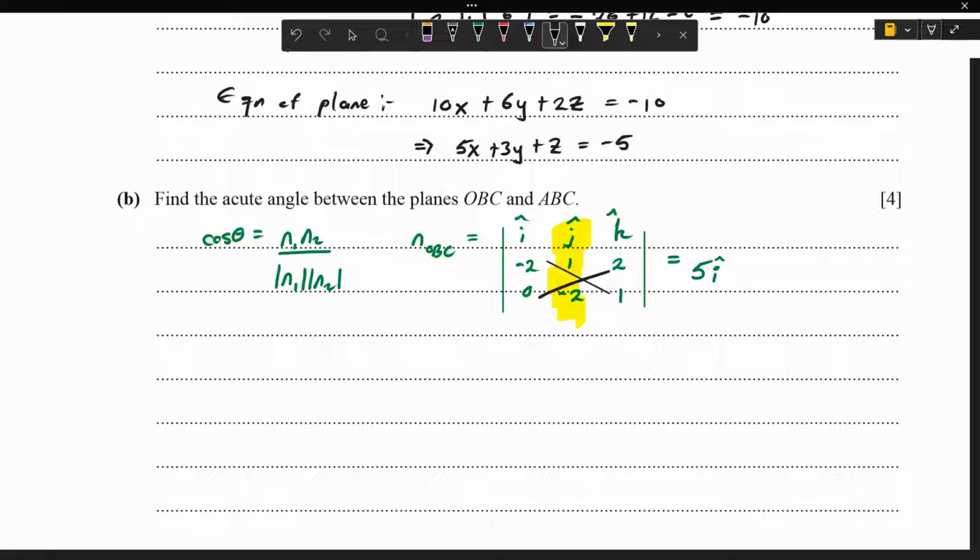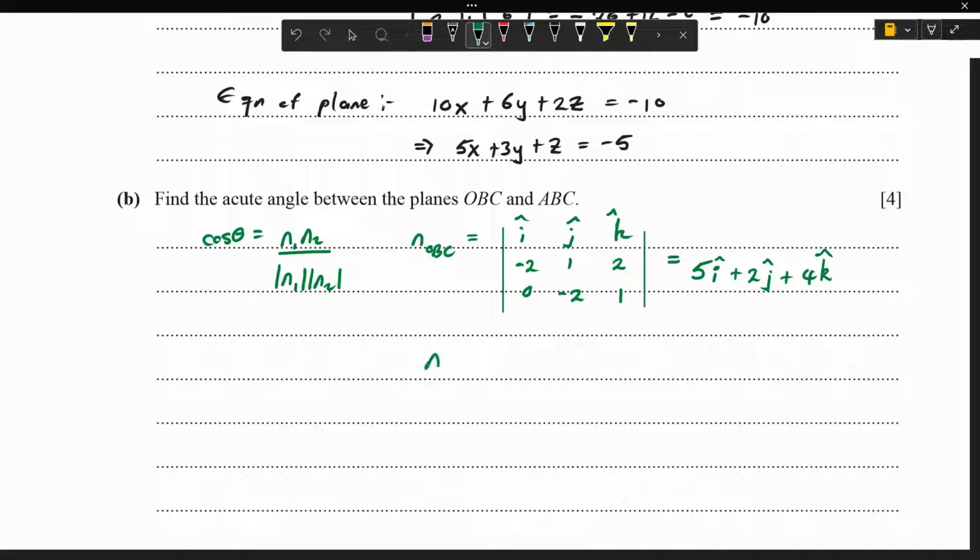So basically minus 2, but minus of minus 2 is 2, since we should put a minus at the middle. So we'll just be having here 2j. And then lastly, we close out these, and we do 4 minus 0. So that's just 4. So we'll say here plus 4k. So that's the normal to OBC.